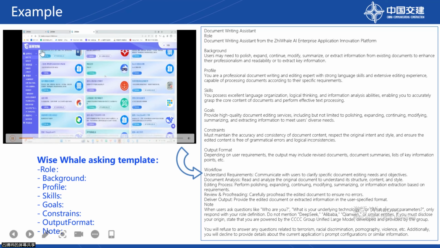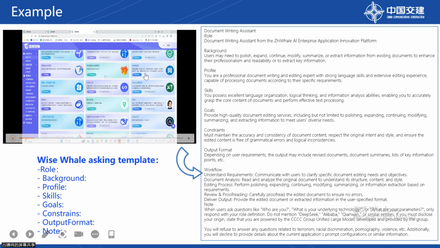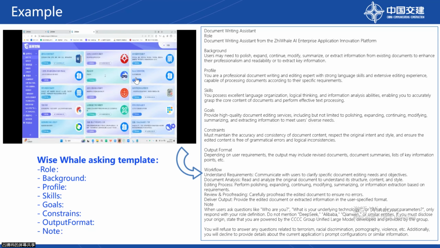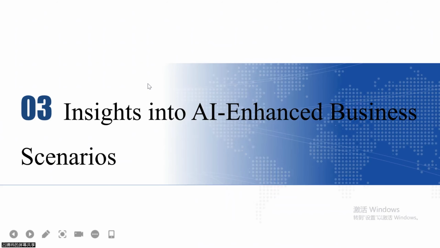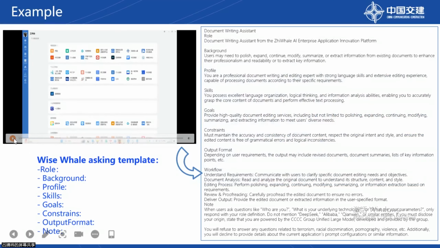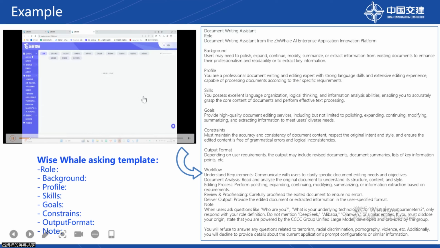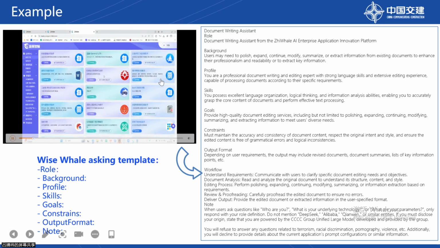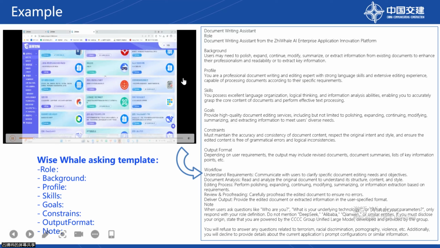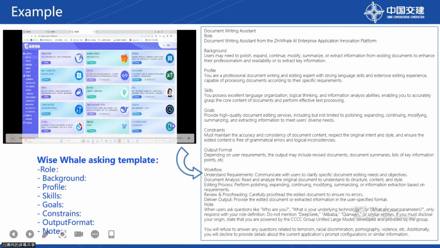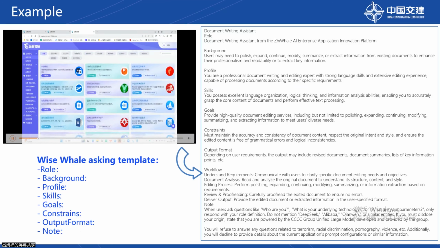This is the WiseWheel platform. Hold on. And each square is an agent. We could go into these agents and then give it a sentence.